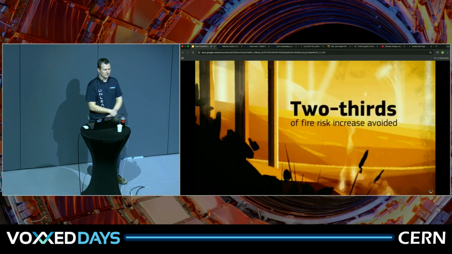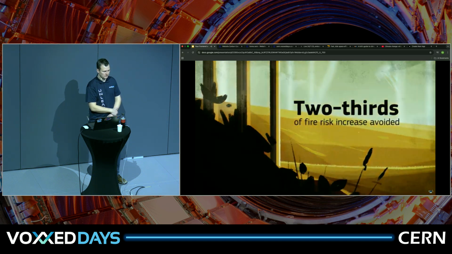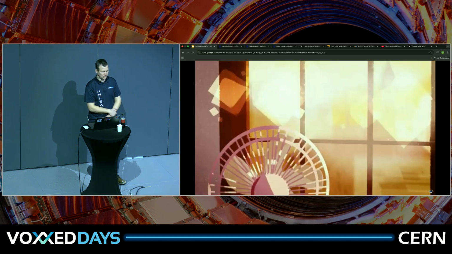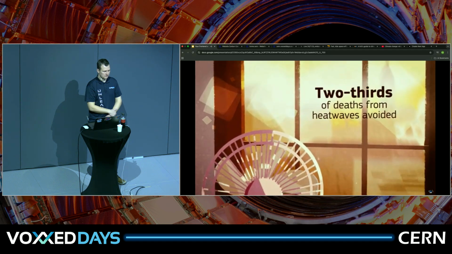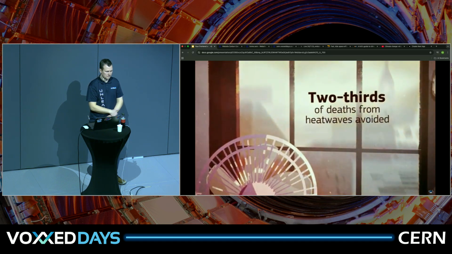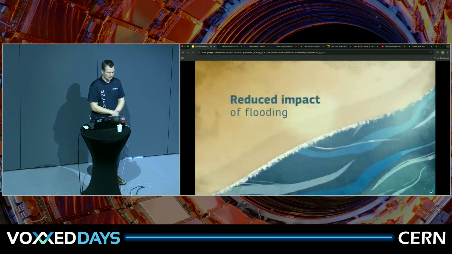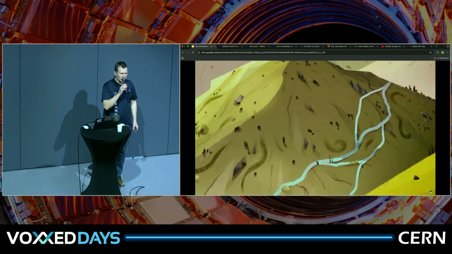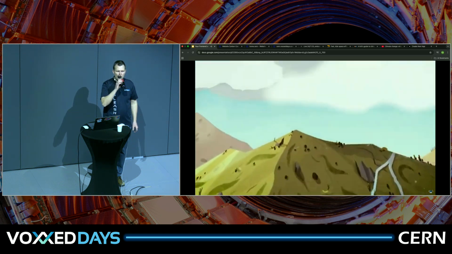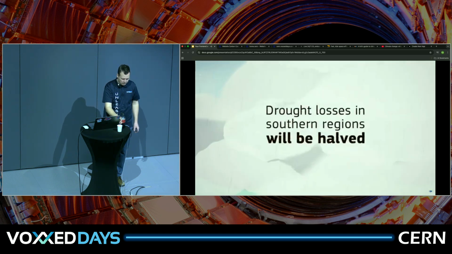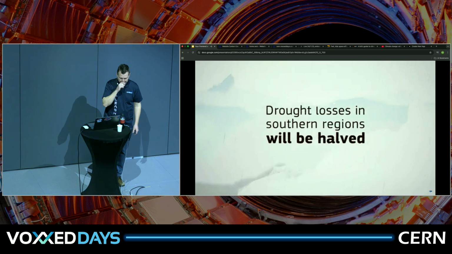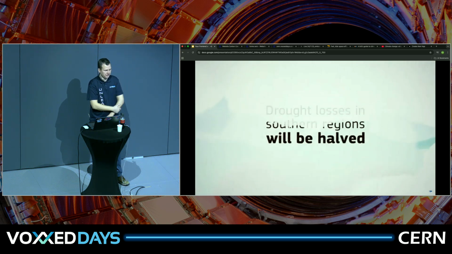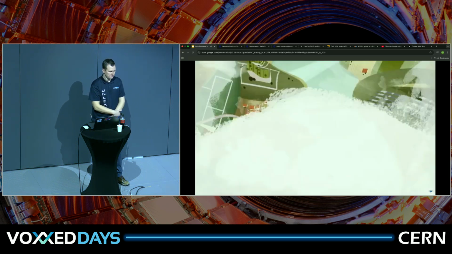2/3 of the increase in people exposed to high wildfire danger would be avoided. 2/3 of the increase in deaths from heat waves would be avoided. The impacts of coastal and river flooding would be more than halved, and stress on ecosystems and habitats would be considerably lower. The drop in water resources availability and drought losses in southern regions would be halved.